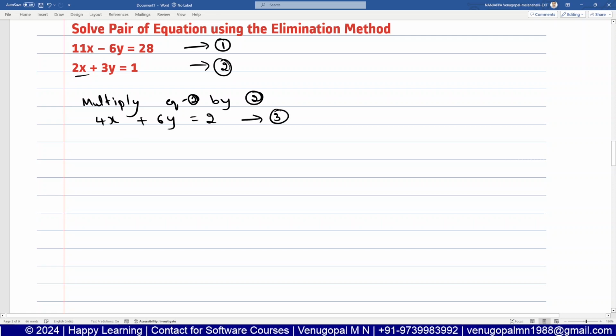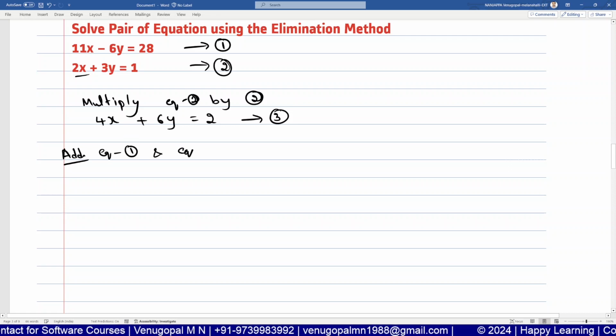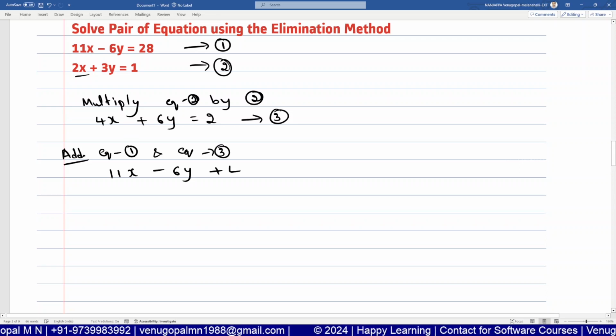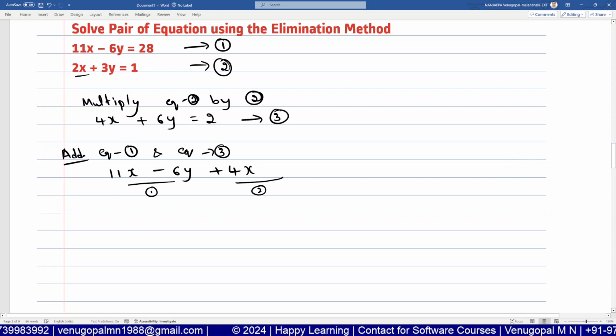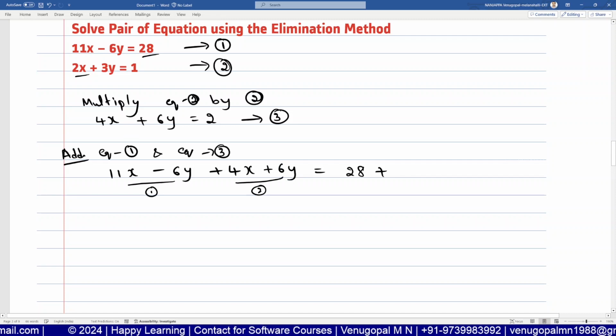So what I will do, adding equation 1 and equation 3. I'm adding equation 1 and 3. So 11x minus 6y plus 4x, this I got from equation 1, and this I am writing from equation 3, 4x plus 6y is equal to 28 plus 2.